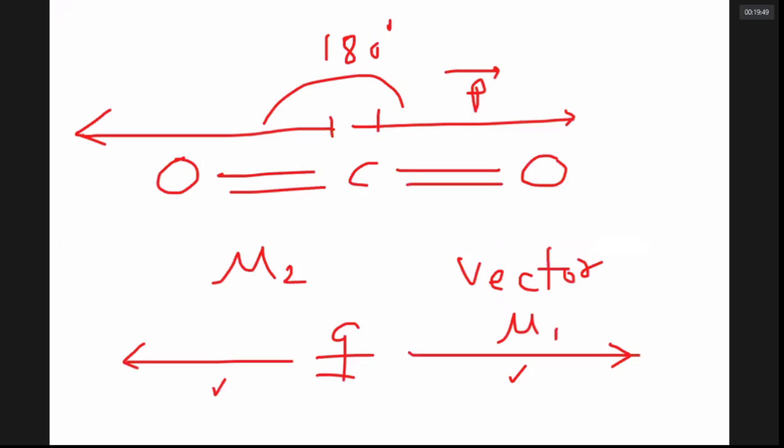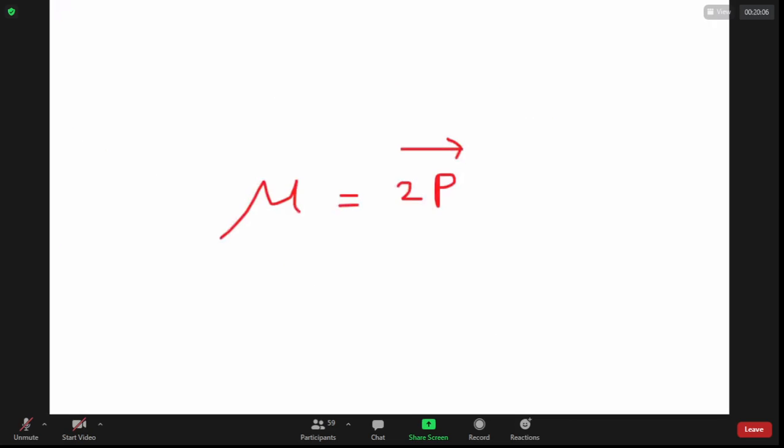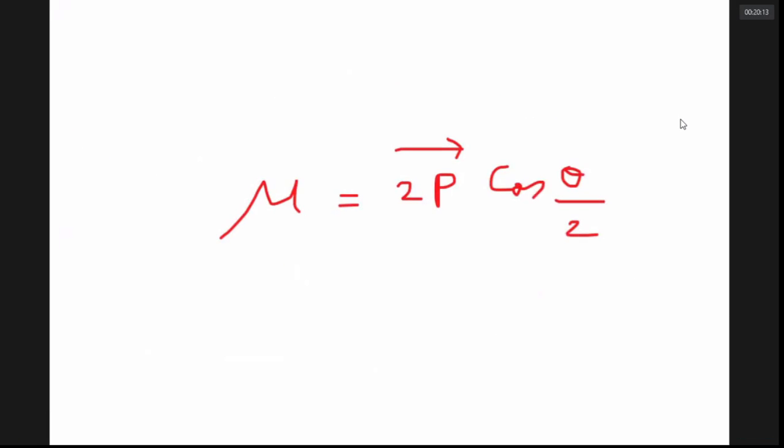The resultant of these two vectors is equal to 0 because they are cancelling. What is the resultant of two vectors generally? Whenever there are two vectors, the resultant is given by 2 P bar cos theta by 2. What is theta, sir? Angle of divergence, angle of separation.